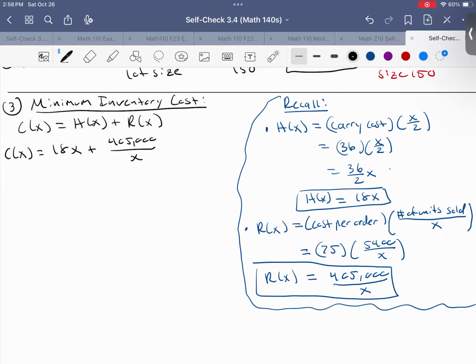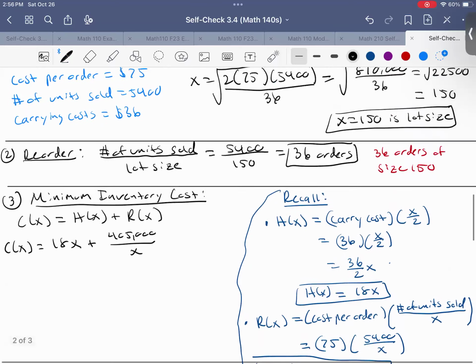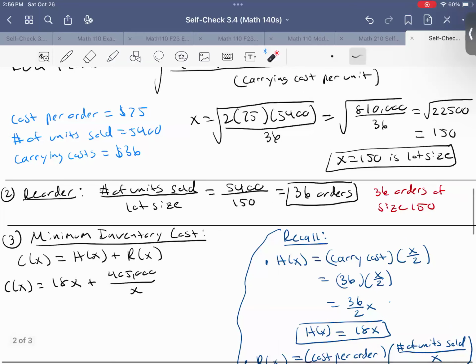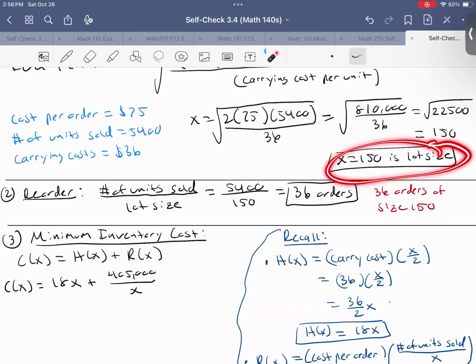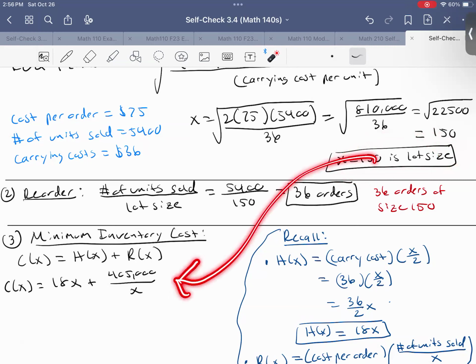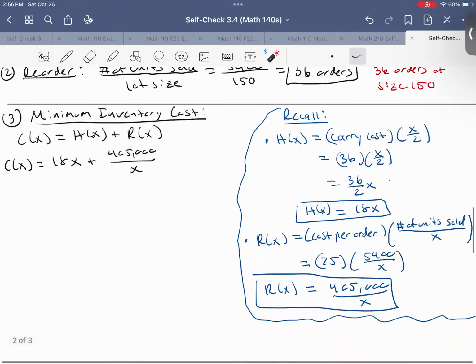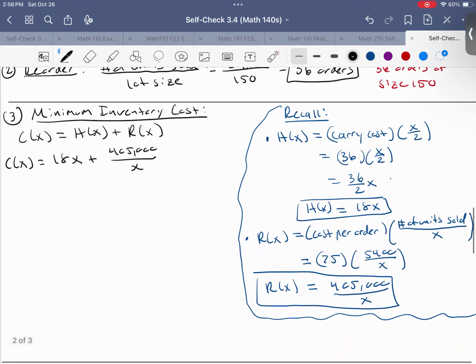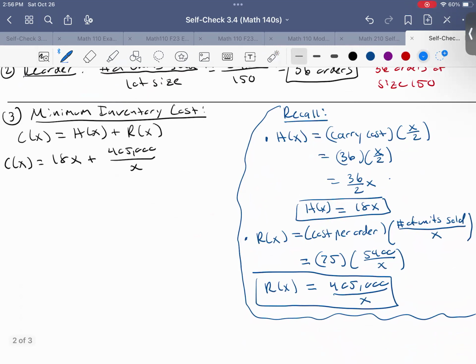Luckily, using the EOQ formula, we already have our lot size, so we don't need to take a derivative and find a critical value, set it equal to 0, etc. We already have this lot size that's going to minimize inventory cost. So what I can do is just plug this 150 into this minimum inventory cost function and get that minimum cost. So I have C of 150.